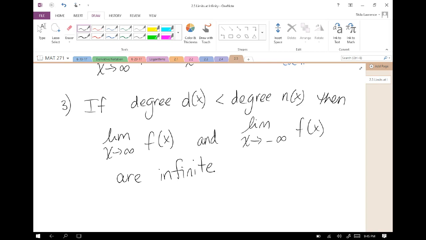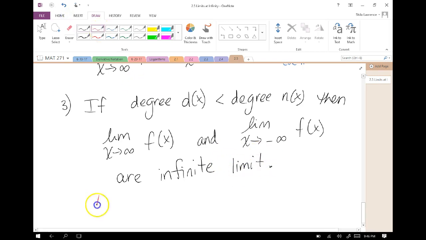Will my final result be positive or negative? If the degree of your denominator is less than the degree of your numerator, that means the numerator is larger. The numerator is going to overpower this function, and our limit is going to be an infinite limit.